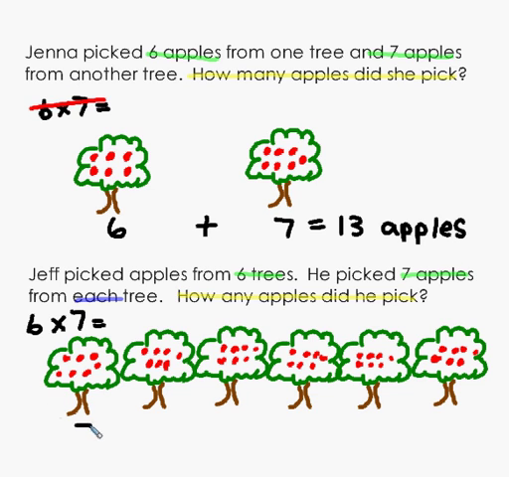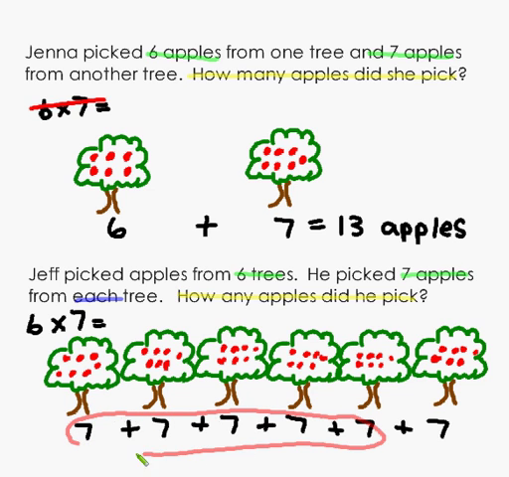There are 7 apples at this tree, plus 7 apples at this tree, plus 7 apples at this tree, plus 7 apples at this tree, plus 7 apples at this tree, and 7 apples at this tree. That's a lot of 7s to count. But I know that 7 times 5, if I group all those together, I know that that's 35.